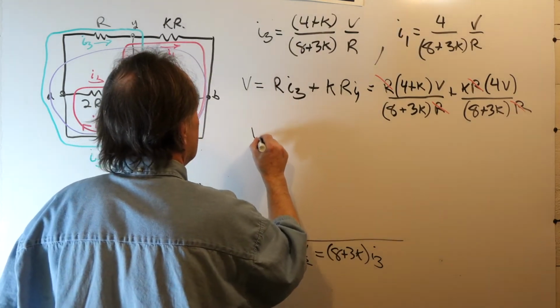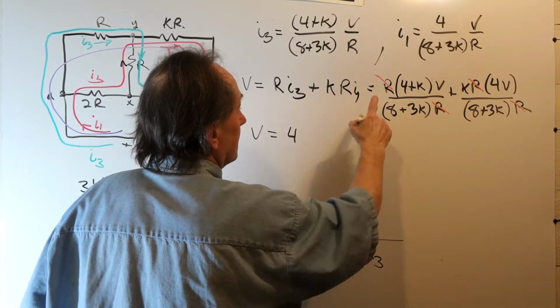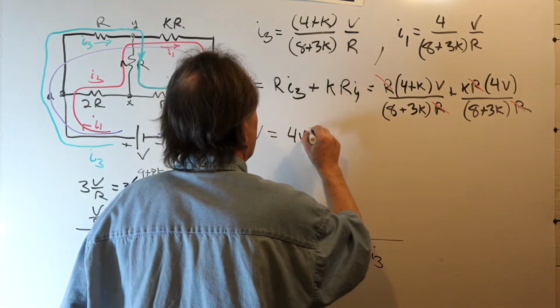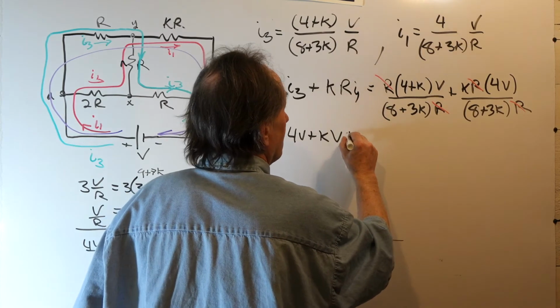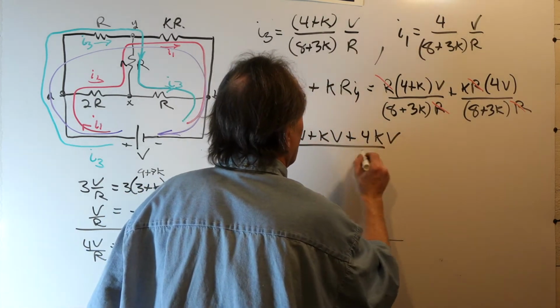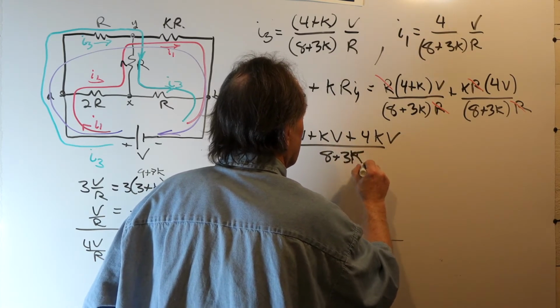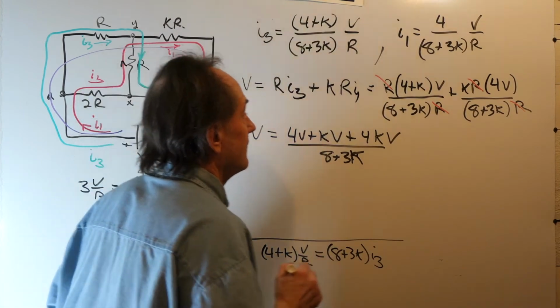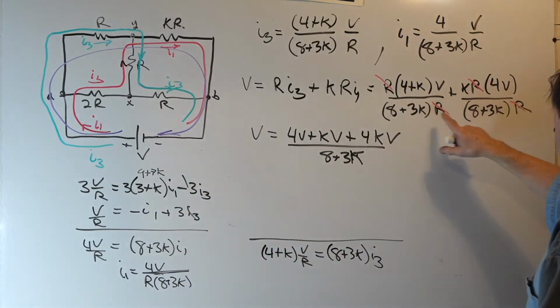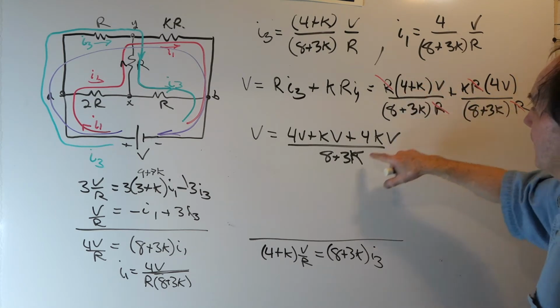So we've got V is equal to, let's expand this out, 4V plus KV plus 4KV all over 8 plus 3K. Since the denominators are the same here, I'm adding the numerators under one common denominator.